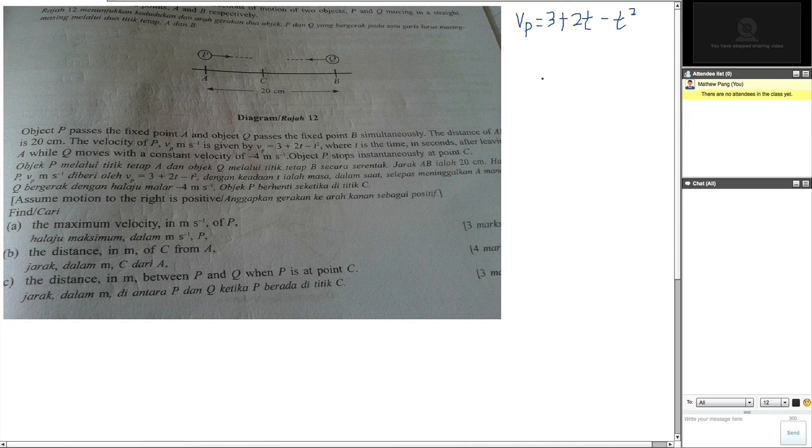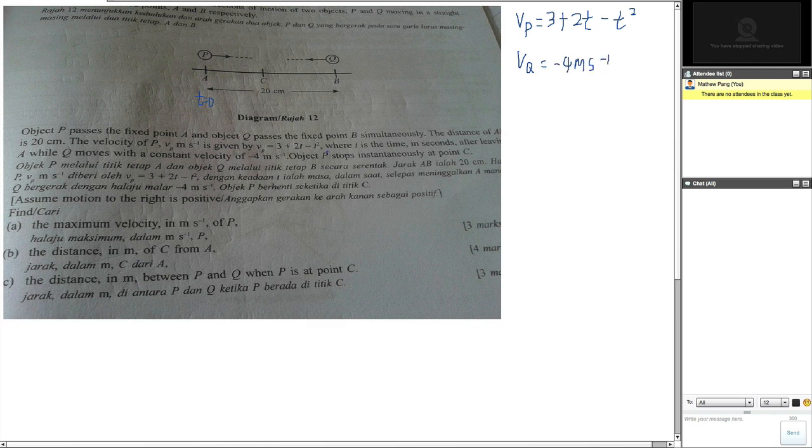That means we start calculating time when P leaves A. So this information tells us that t equals 0 at position A. Q moves with a constant velocity of -4, so I write down velocity for Q is -4 meters per second.